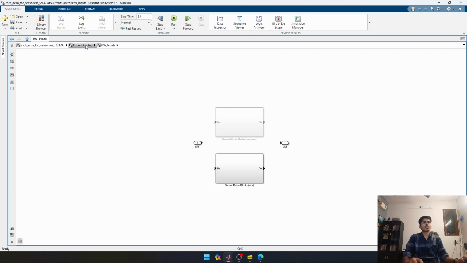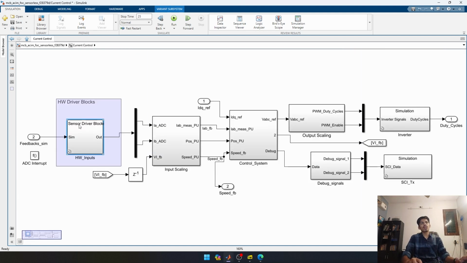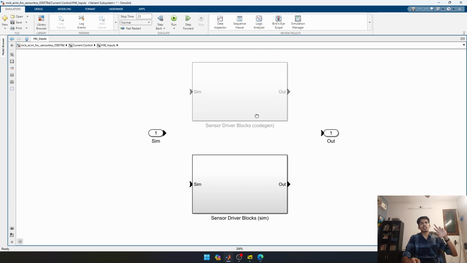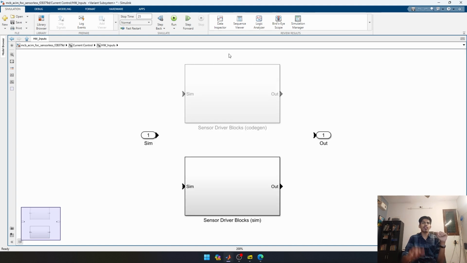This hardware input block, if you see, has this icon, a two stacked squares icon. This means there are two subsystems which will run conditionally, one in simulation mode and one in code generation mode. The code generation mode is grayed out because currently it is defaulting to the simulation mode, but there is also a code generation mode.